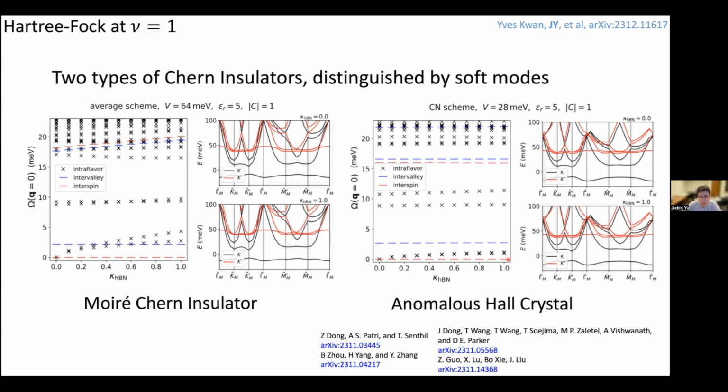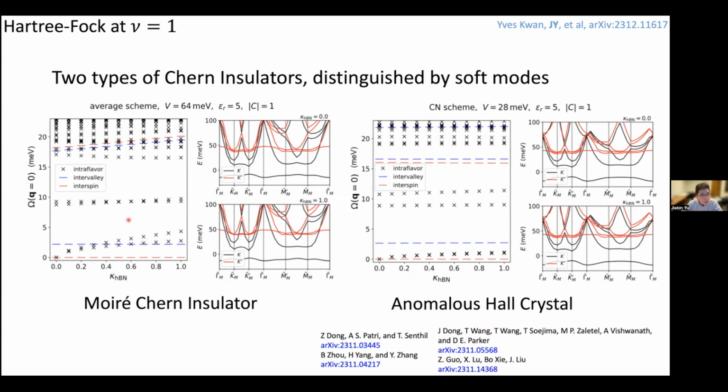So it means that for the charge neutrality scheme, the picture of this Chern insulator is roughly the same as spontaneous continuous translation breaking. And this was also found in previous work, and they call it anomalous Hall crystal.